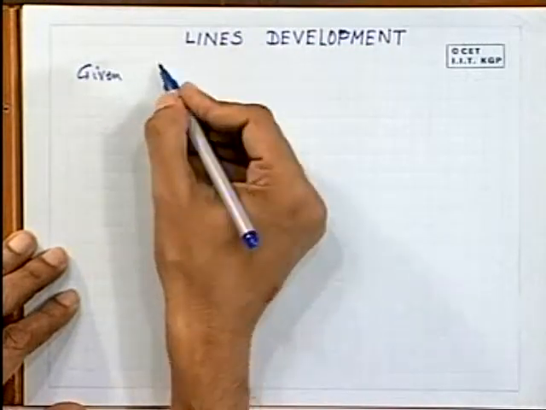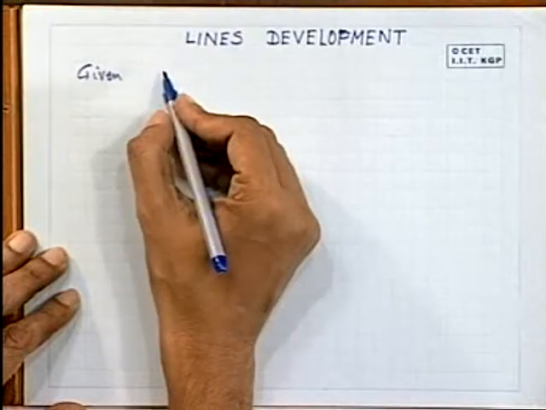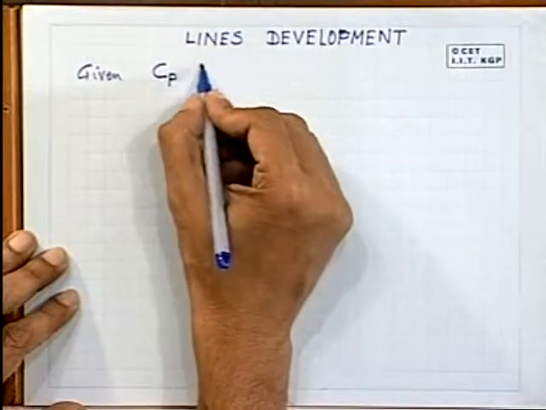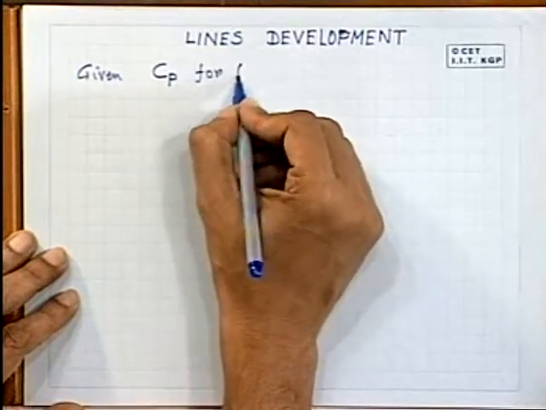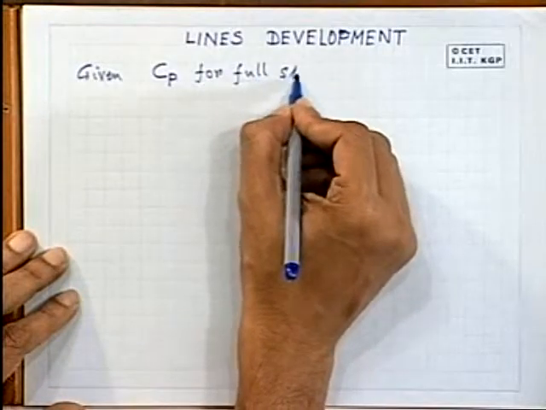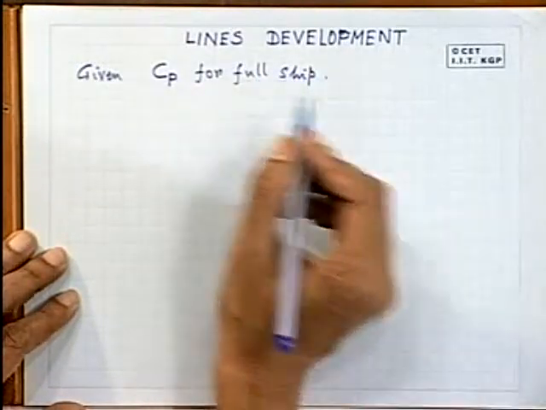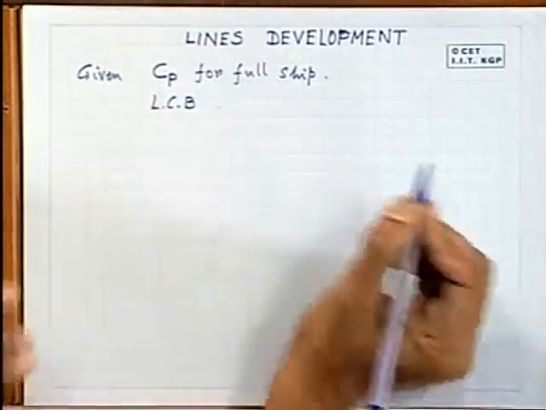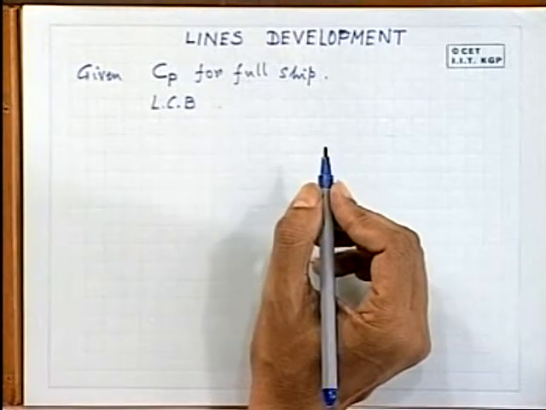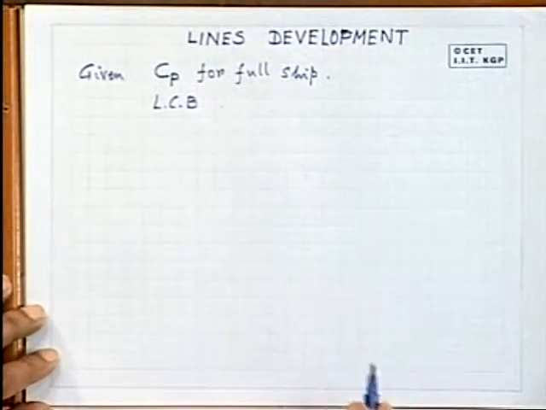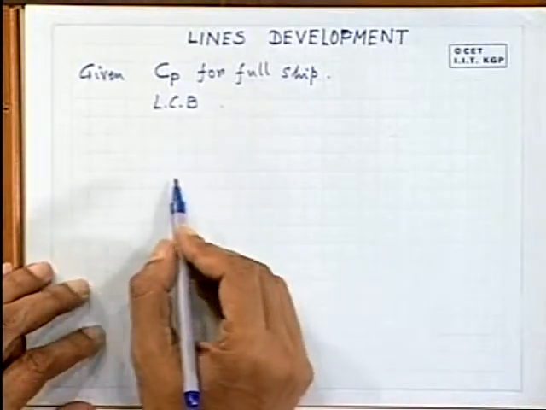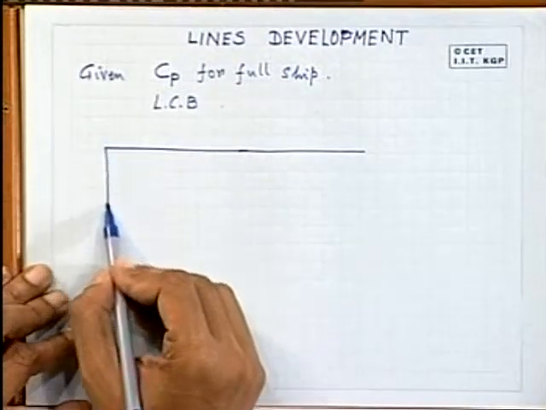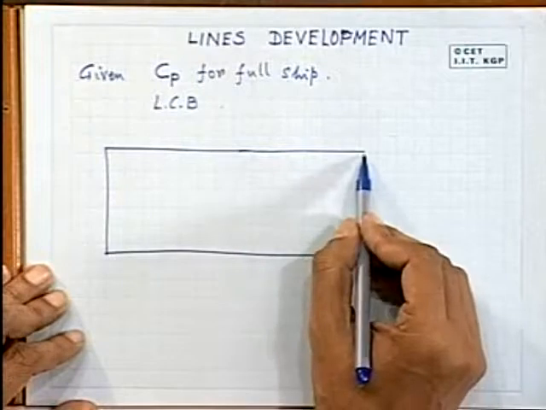Now, the given parameters are the total CP for the full ship. This has been given to you, and the LCB position. Now you can refer to a diagram which is given in this book. You find that LCB positions are given in a diagram like this.